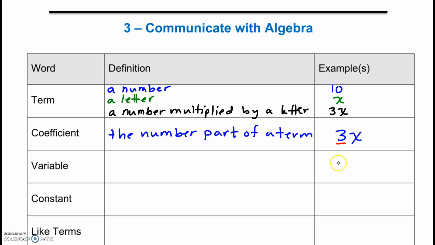Now, if I still have that same example of 3x, if I look at the x, that's known as the variable. So that would be the letter part of a term.